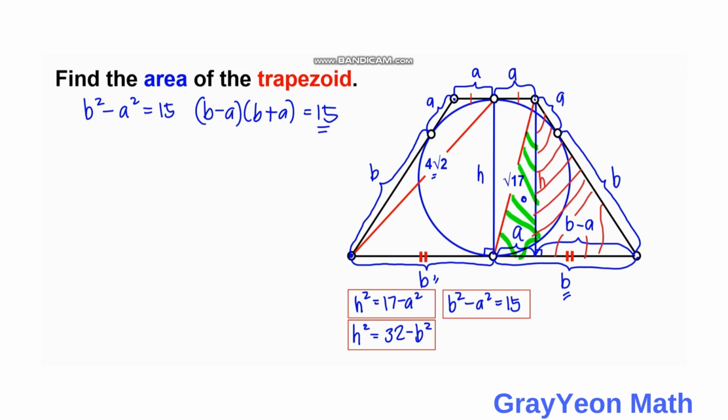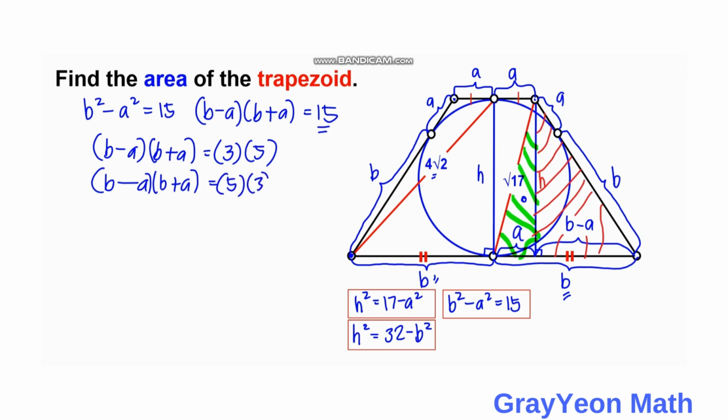So for the first instance, b minus a times b plus a is equal to 3 times 5. And the other is b minus a times b plus a is equal to 5 times 3.